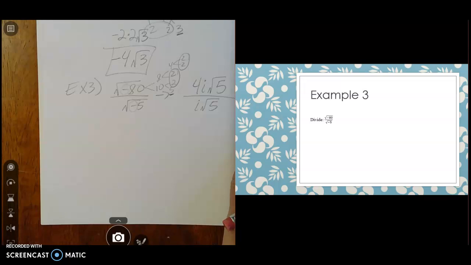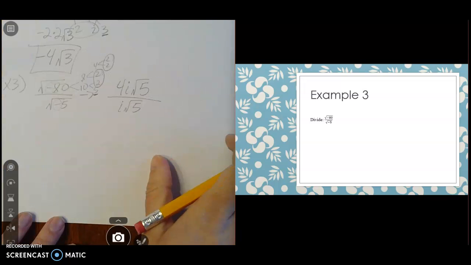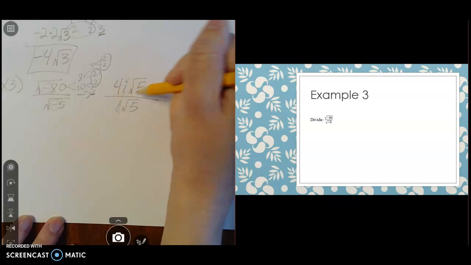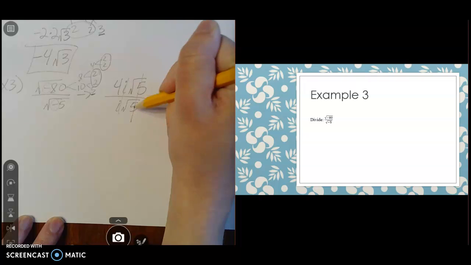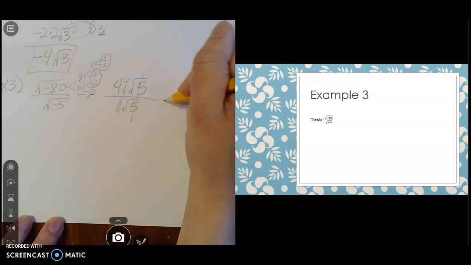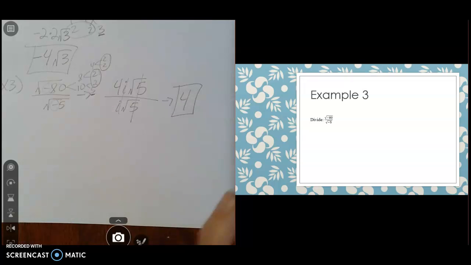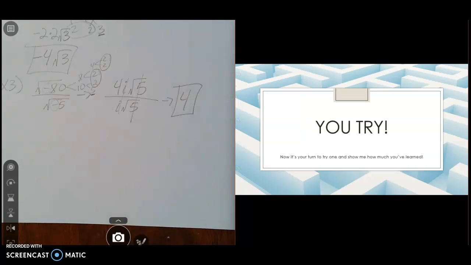From here, we could actually go ahead and simplify it really nicely because i divided by i is 1. Square root of 5 divided by square root of 5 is 1. So I've got 4 times 1 times 1, which would just be 4. Okay, so that's how this one works out. Now it's your turn. You guys get to try one and show me how much you've learned.